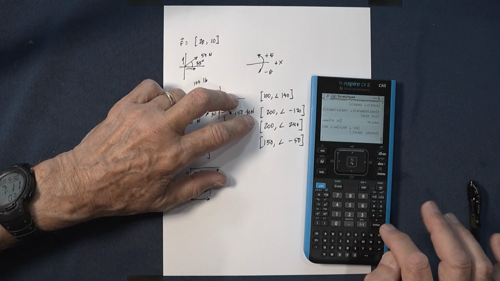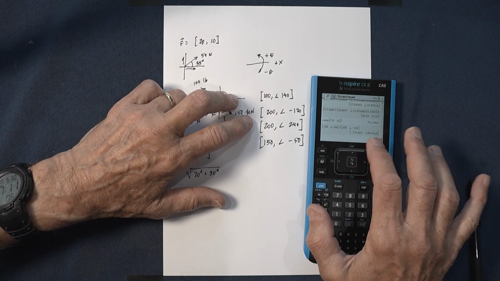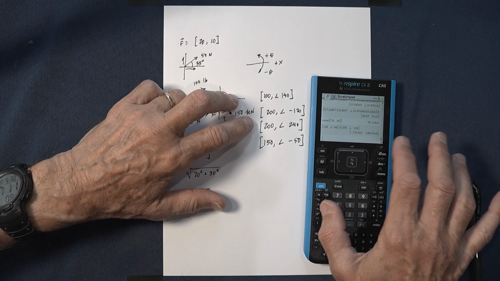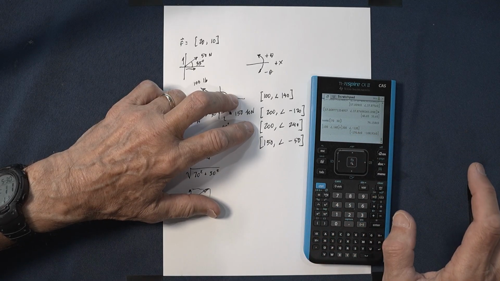Then you keep adding vectors and enter. It'll display minus 176, minus 109, and that's in rectangular form.